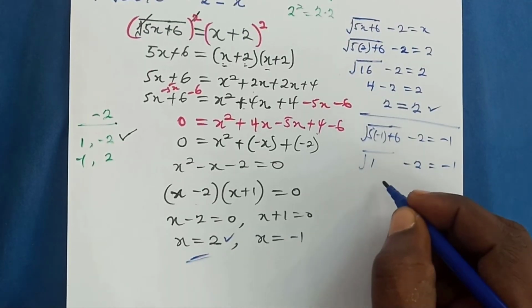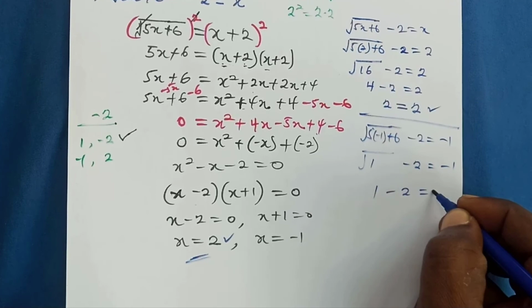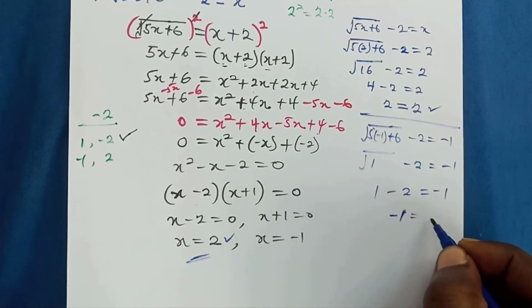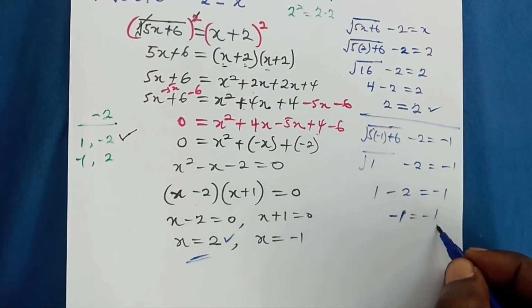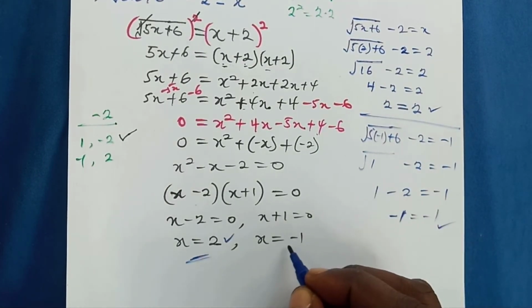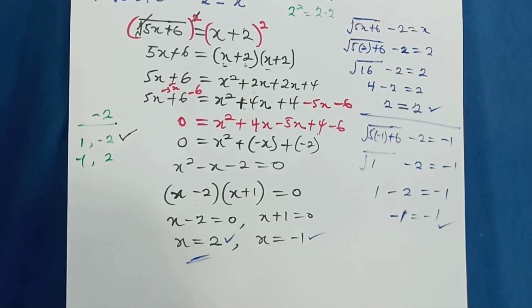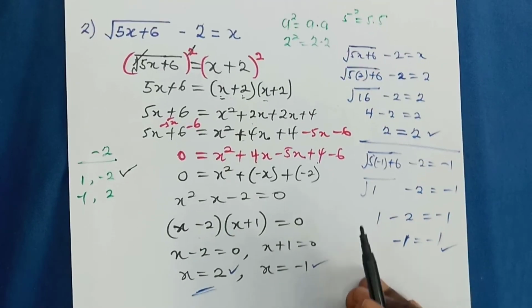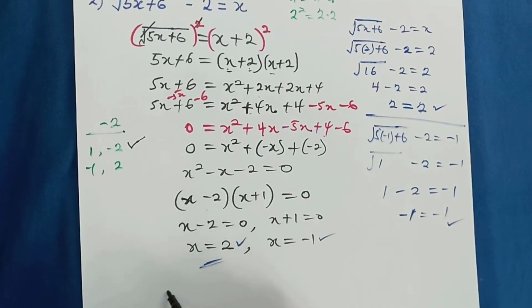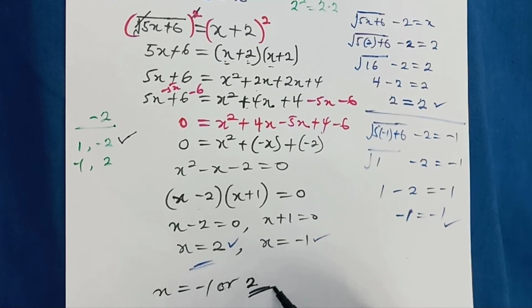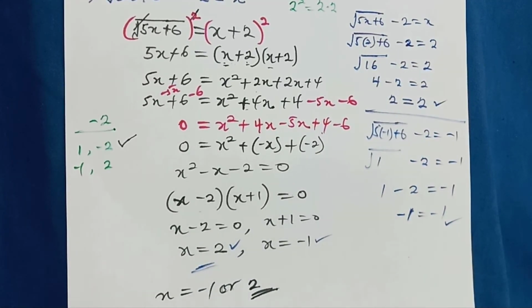And the square root of 1 is 1 minus 2 is equal to negative 1. 1 minus 2 is negative 1, is equal to negative 1. And this is also true. So x is equal to negative 1 is also a solution. So therefore we conclude that x is equal to negative 1 or 2.